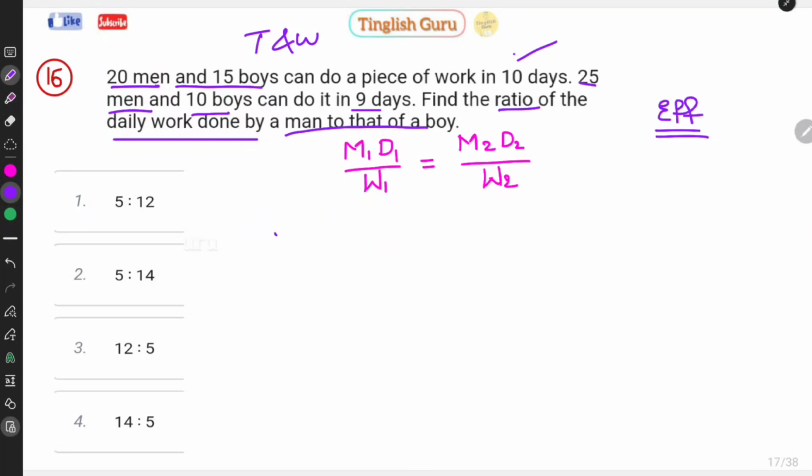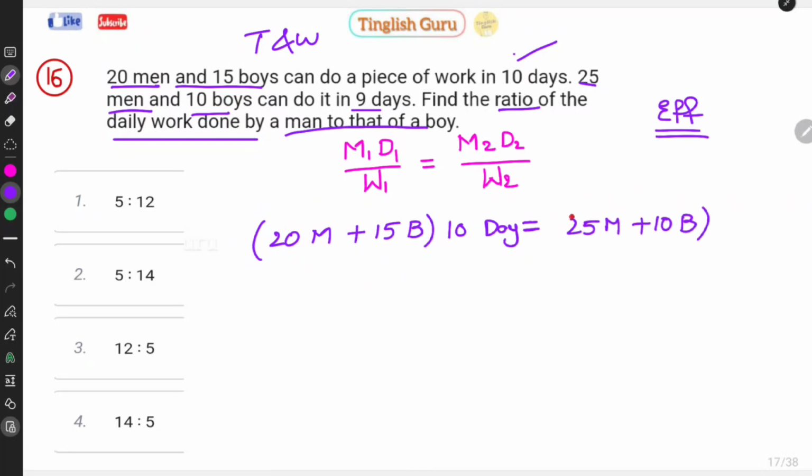Here, let us say 20 men plus 15 boys. So, these combined people into 10 days did some work which is equal to 25 men plus 10 boys into 9 days, because both the works are equal but the members are different.